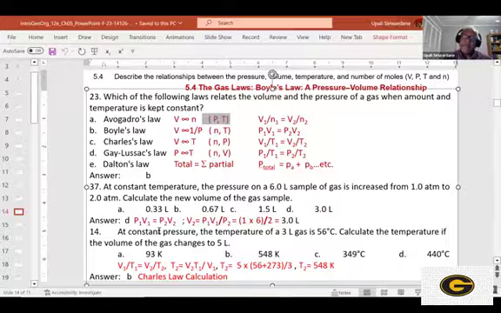So you have to identify the variable that is unknown. Knowing 3 variables out of 4 variables, you can calculate the 4th variable and find the answer to that. So we have gone over this.